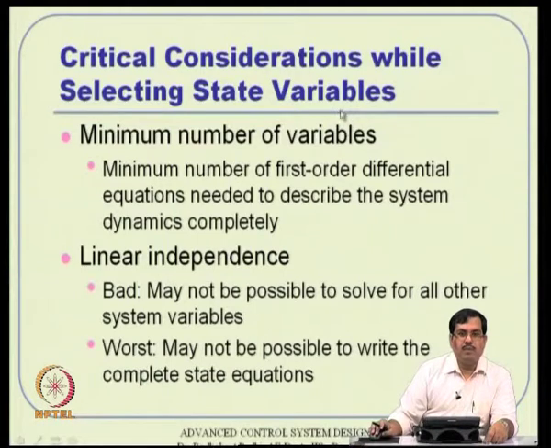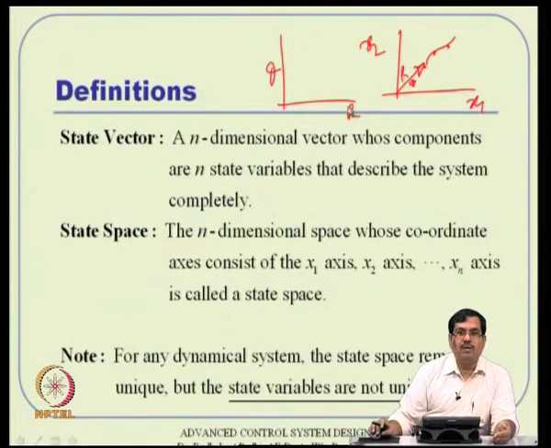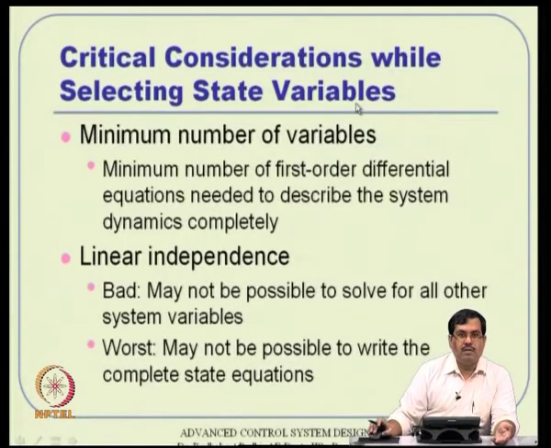Because if it is less than the minimum number of variables, you will not be able to describe the system dynamics completely anyway. Suppose you really require r and theta, by selecting only r, the theta information cannot be extracted from there. So, that is a drawback. If you select fewer than what is required, you will not be able to describe the system completely.